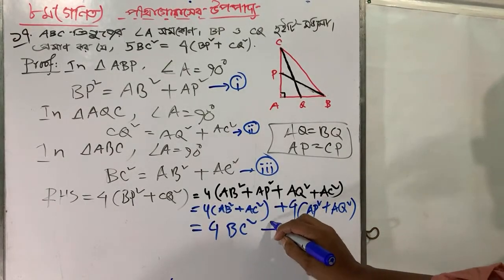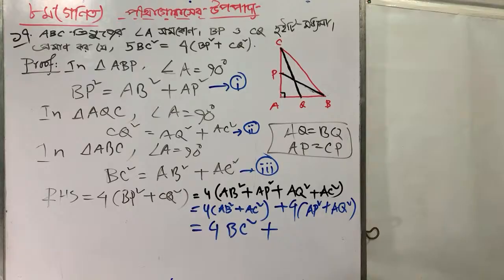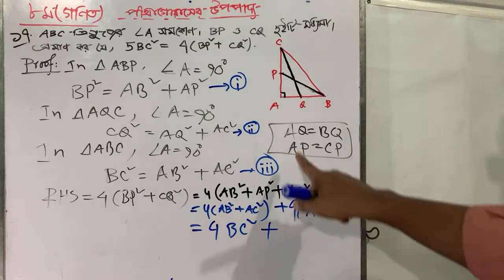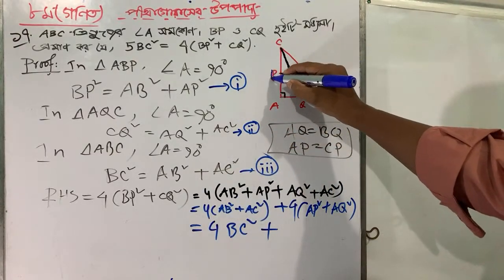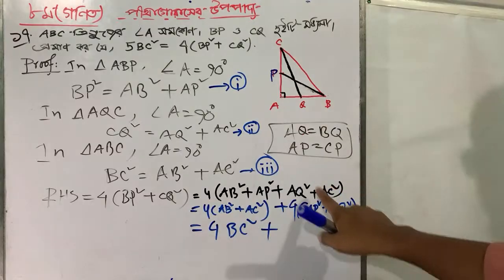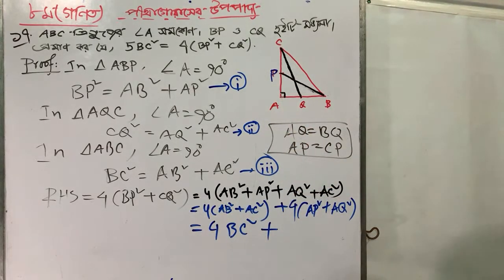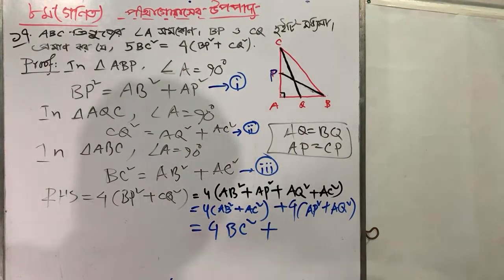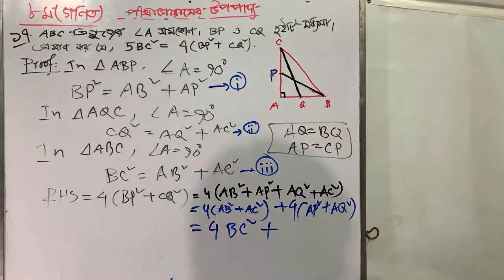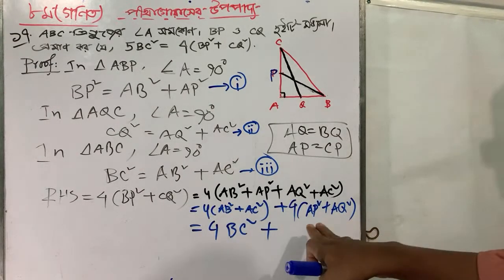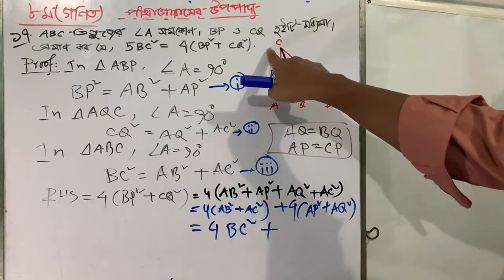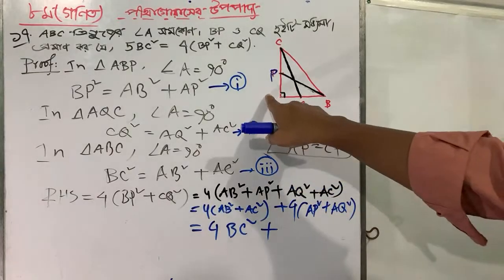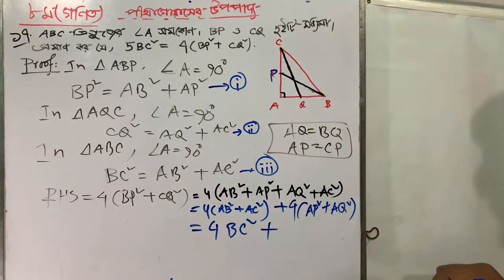Now for the next part, we have AP square plus AQ square, right? But we need BC. So I can do one thing for sure, that is we can write AP is equal to half of AC, because AP and CP are equal parts.